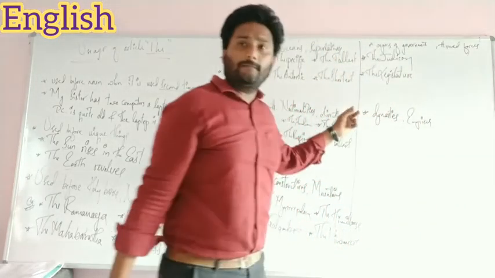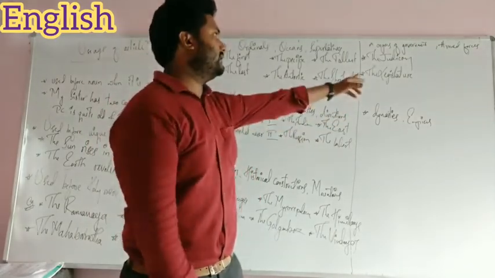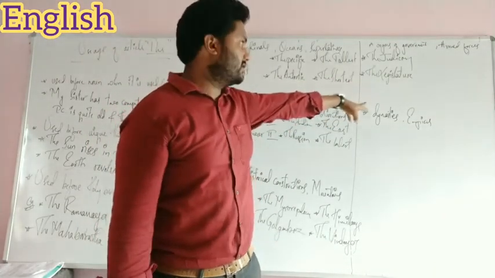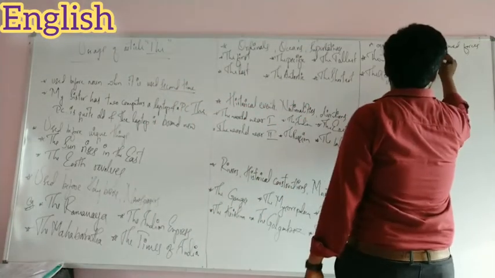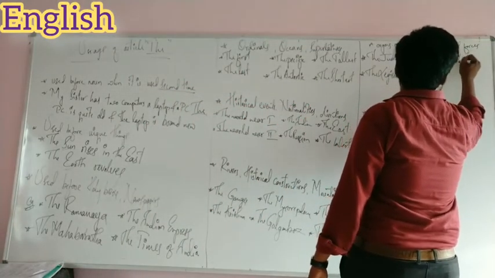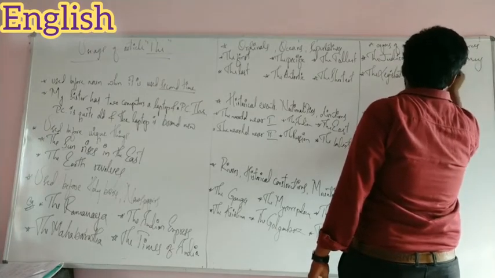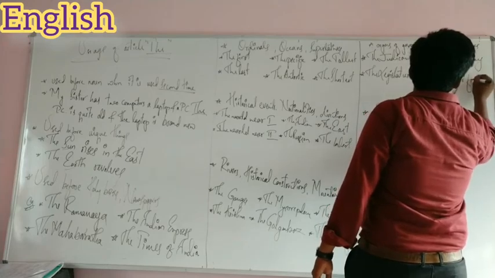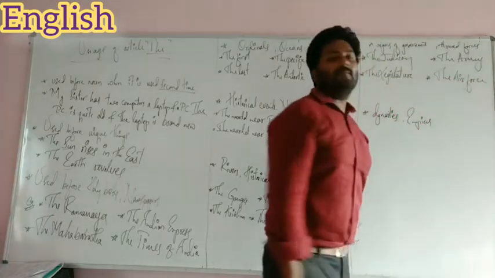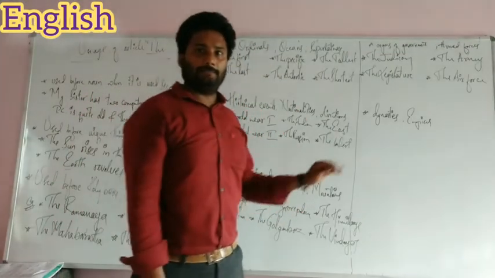To represent this, we use the article: the judiciary, the legislature. And armed forces, for example, the army, the air force. Like this, armed forces, to represent that, we use the article.